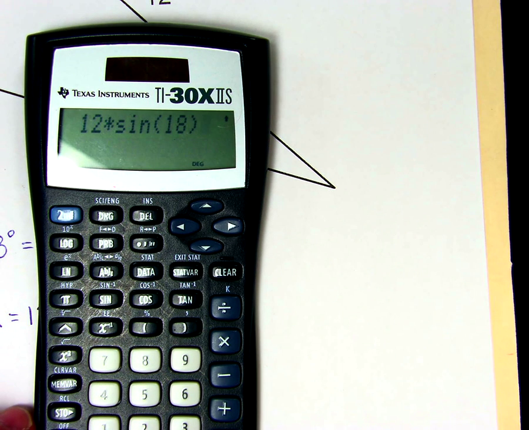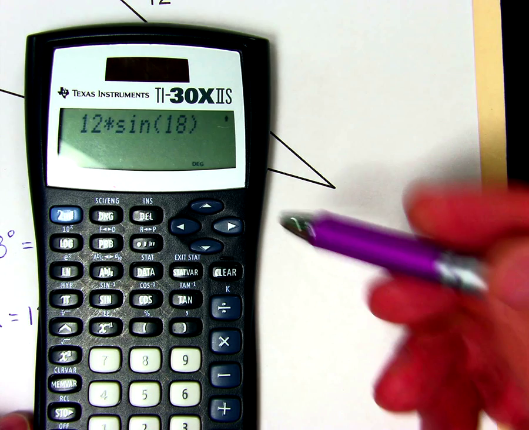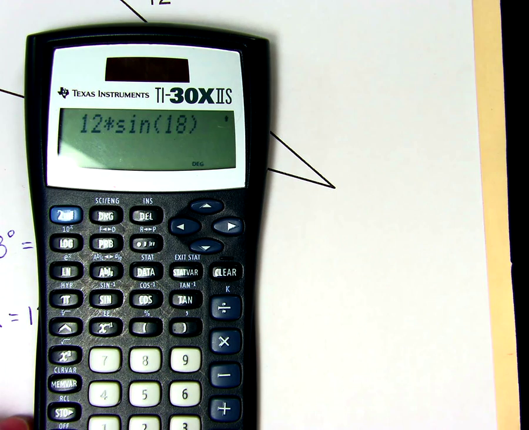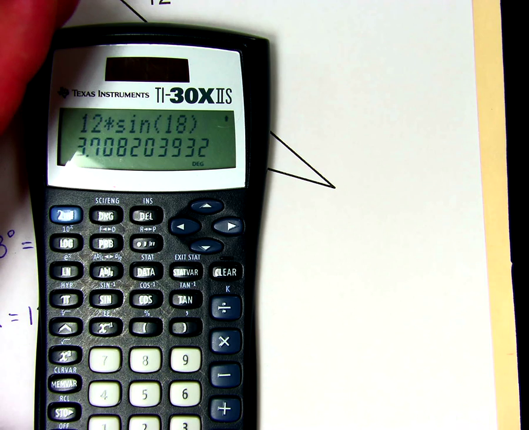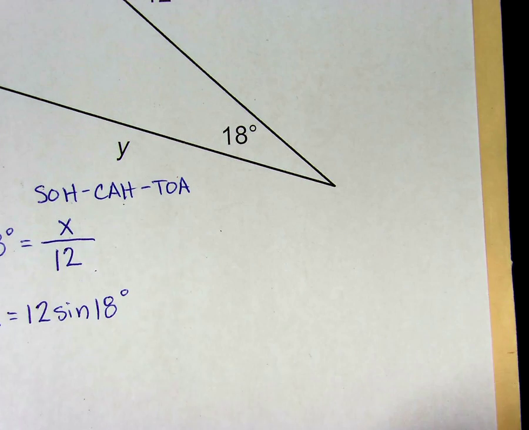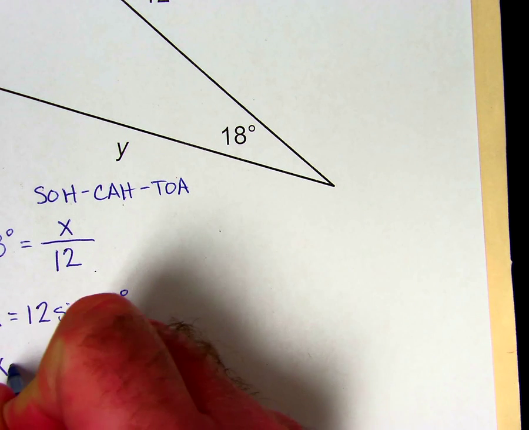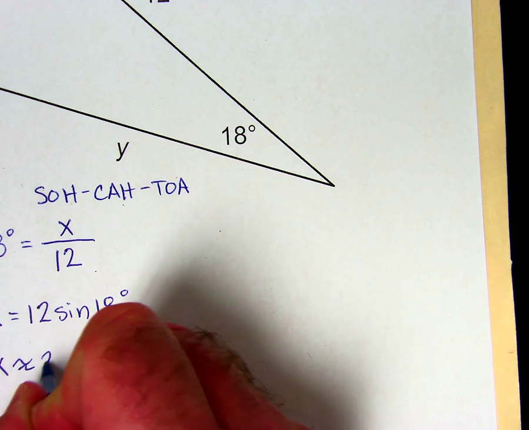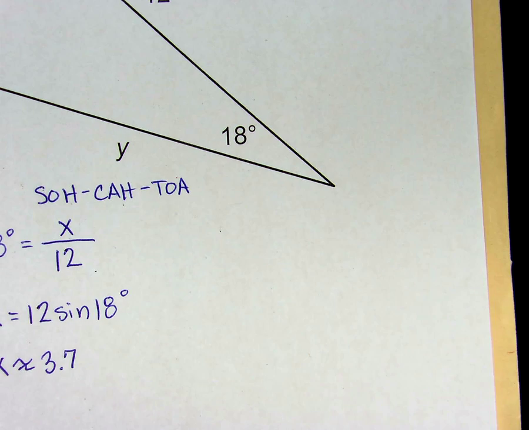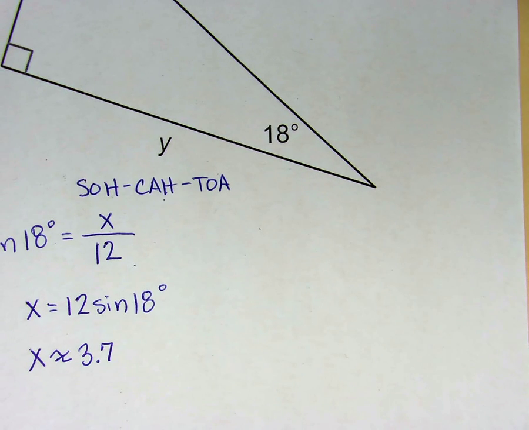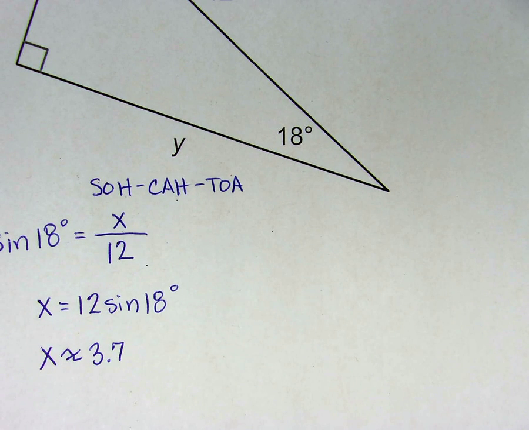My calculator knows it's degrees because that's the mode it's in. And so now when I hit equals or enter, we see that x is about 3.7 if we are rounding to the nearest tenth. Now it's not exactly 3.7, so I use that wavy equal sign to mean that x is approximately 3.7.